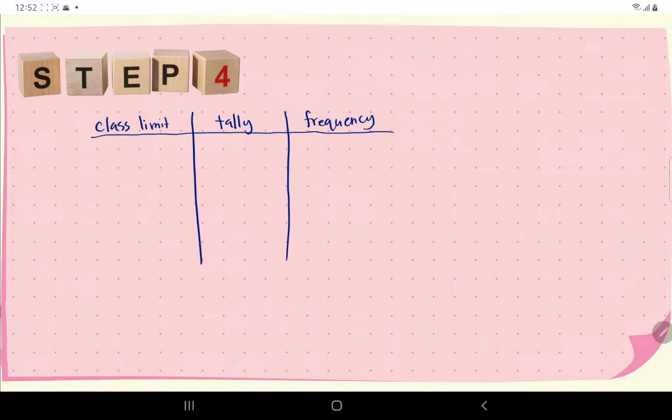Okay, so based on the previous slide, our class limit is here, our first column. And then the second column is the column for tally. So we need to refer back to our data before and count how many numbers from 21 until 28 for the first class limit.